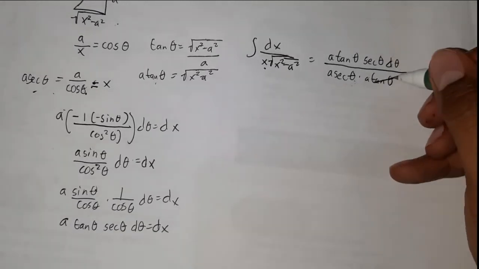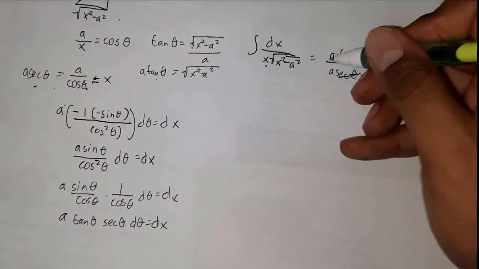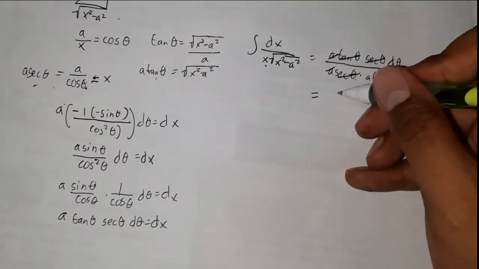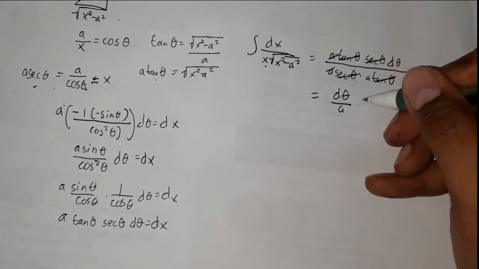So we cancel, cancel, cancel a. What remains is d theta over a plus C.